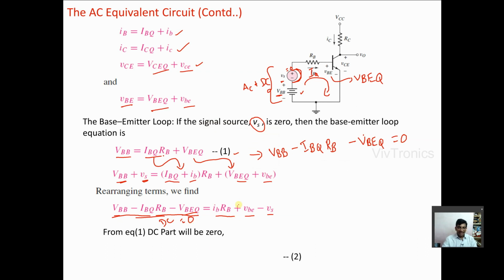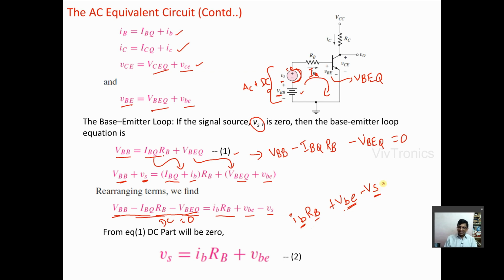Therefore, the right hand side gives ib RB plus vbe minus Vs, which is equal to 0. Here ib is the AC base current into RB, vbe is the AC base voltage, and Vs is the AC signal source we have applied.